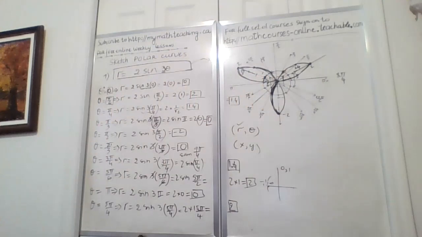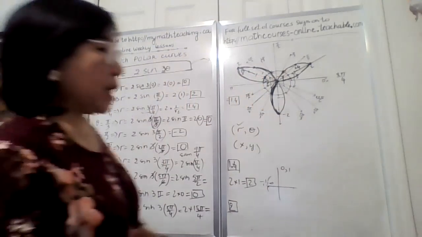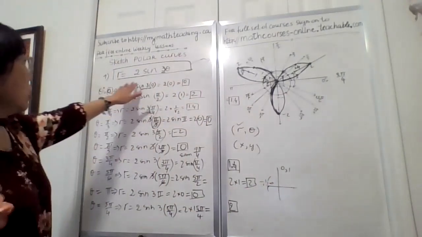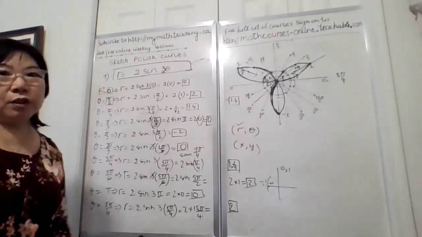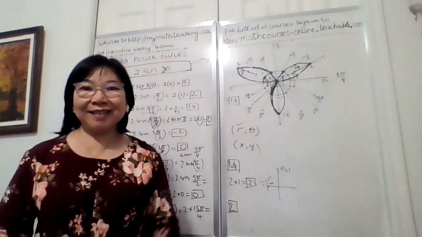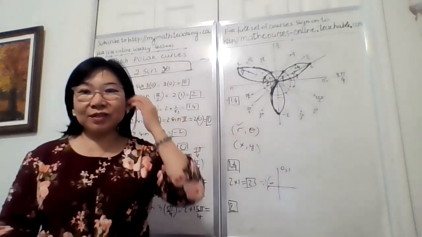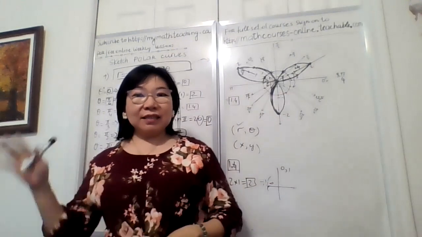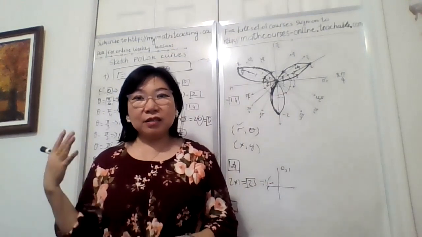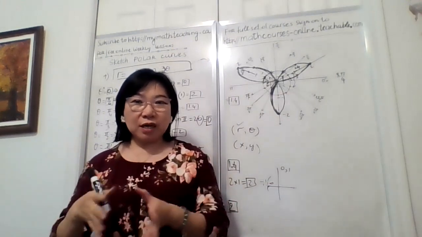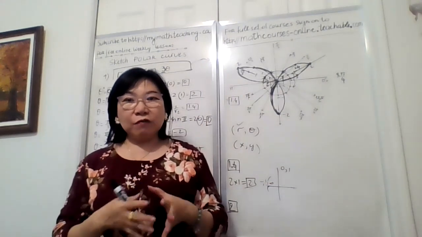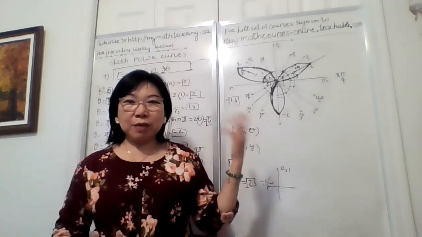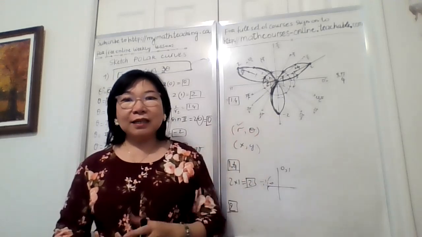So we have the 3 petals for this curve, r equals sine 3 theta. So that's how you sketch the polar curve. You can see that I did a very slow and formal process of how we sketch them, and it becomes a shape that looks like that.